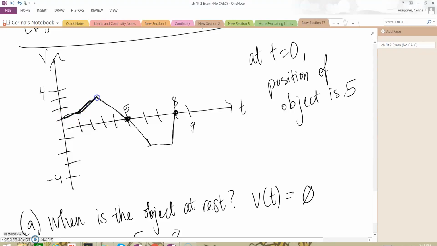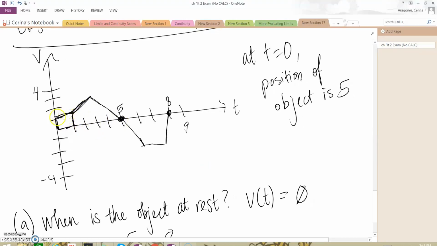So again, position is the area under the velocity curve. So you were supposed to find the area under this whole section. So this rectangle was an area of 1. This triangle was an area of 1 times 2 divided by 2, which is also 1. This rectangle right here had an area of 3. This triangle had the area of 1/2.